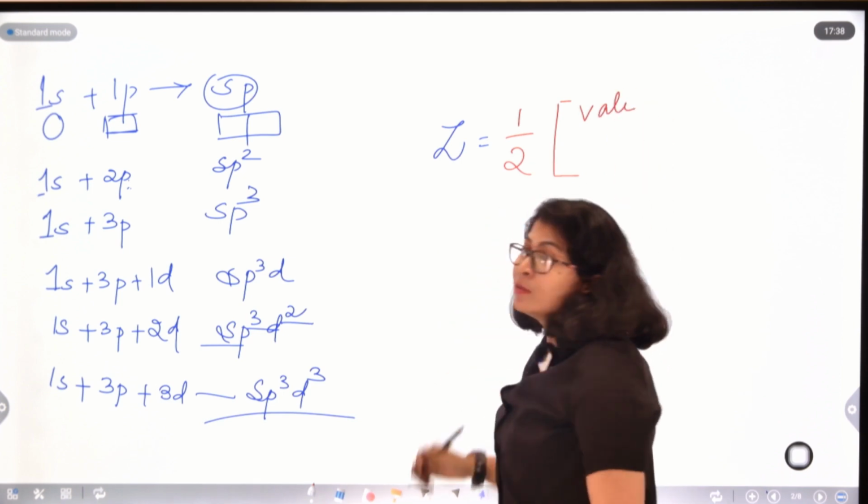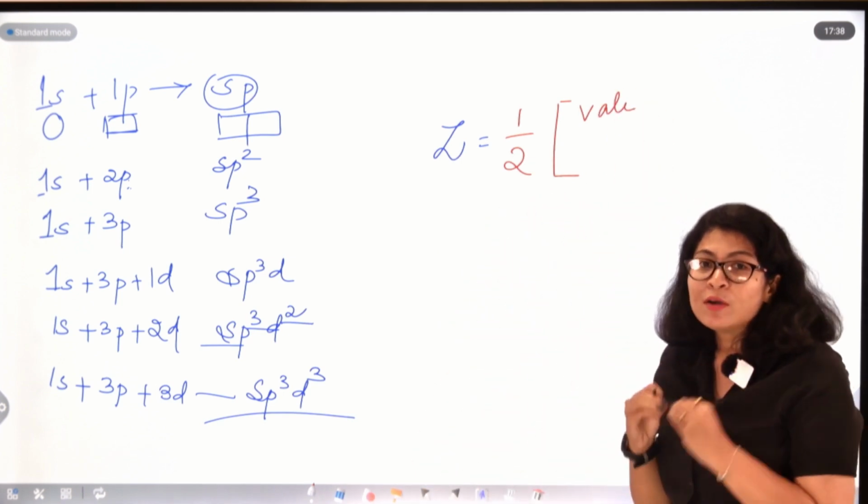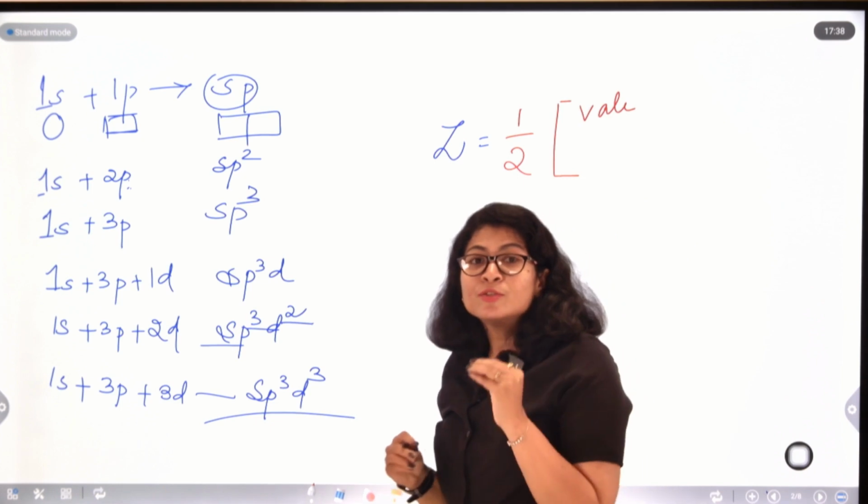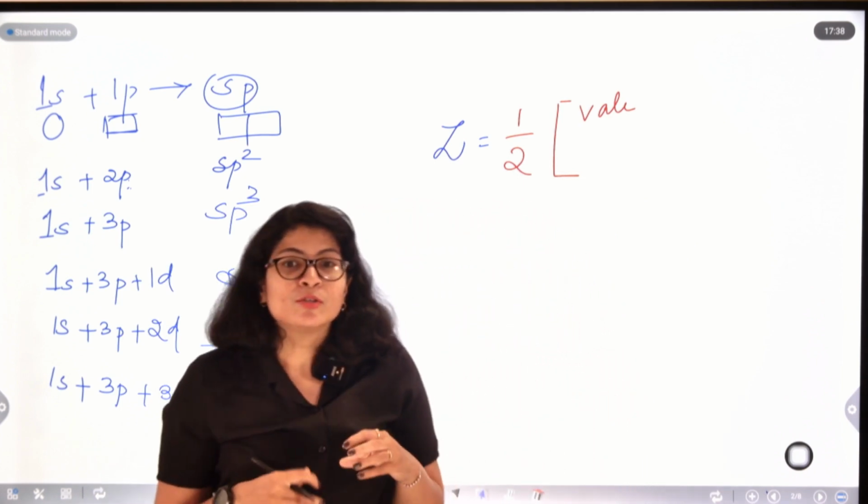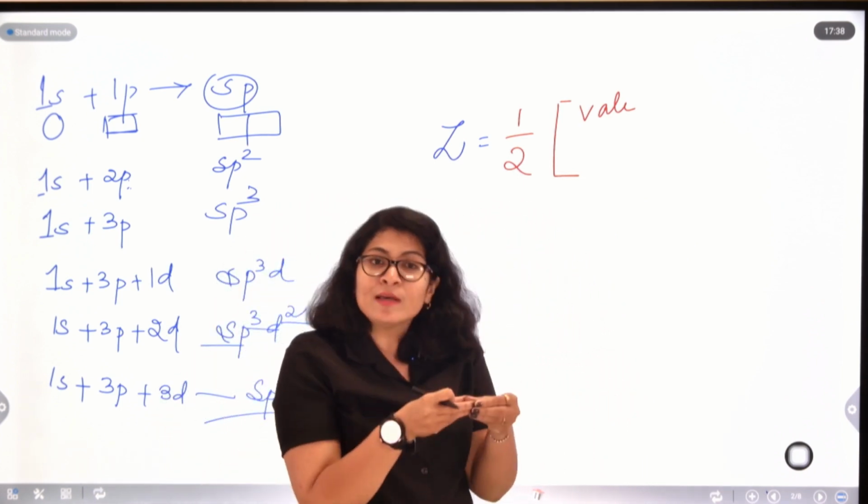and remember, hybridization is only and only found out for the central atom, if you're considering a single atom at a time.